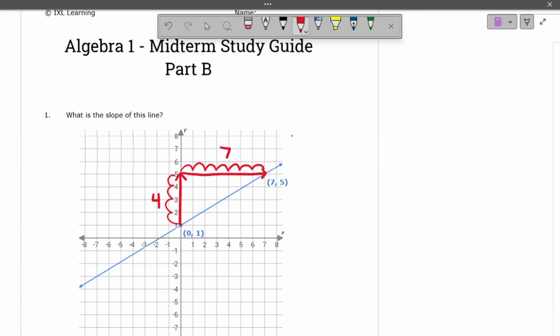So if our slope is rise over run, and our rise is up 4, and our run is over 7, that means we'll get a nice 4 over 7 for our slope. So that is the answer to number 1.